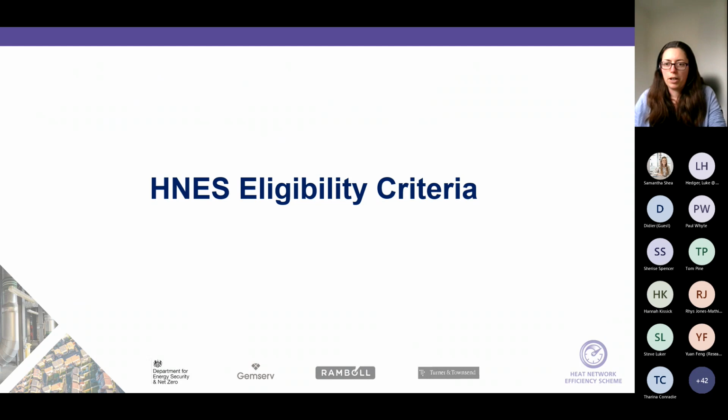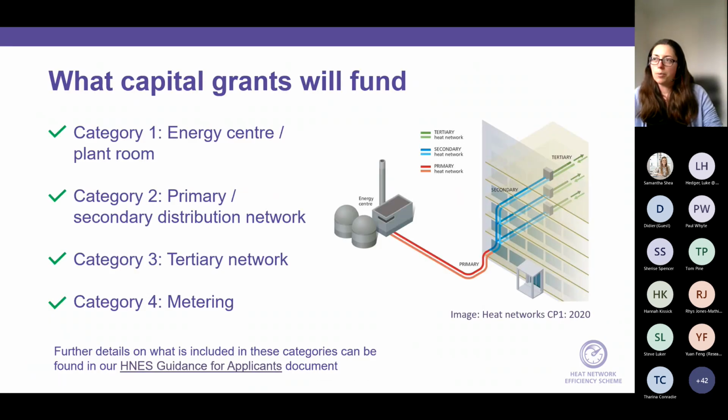And then talking a little bit more about the eligibility criteria. Within a capital grant application, we would cover 4 categories. So we've got the energy centre and the plant room, the primary secondary distribution network, the tertiary network, and metering.